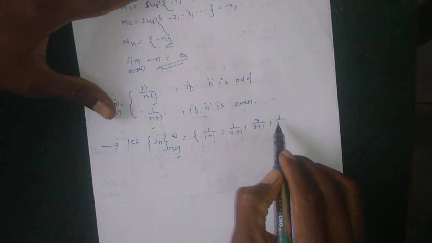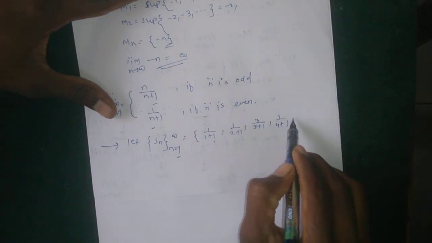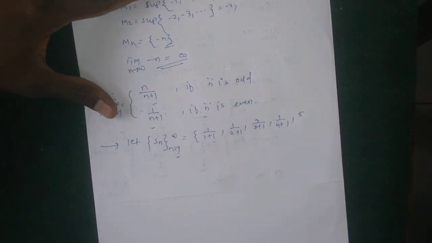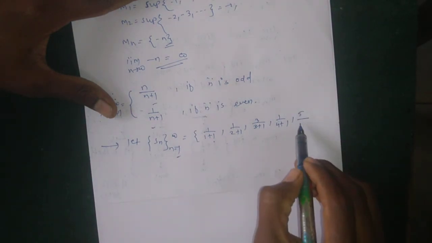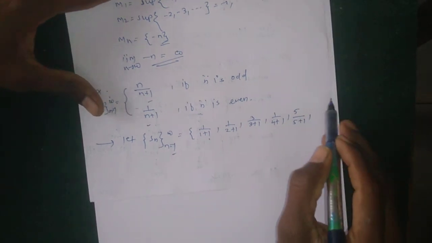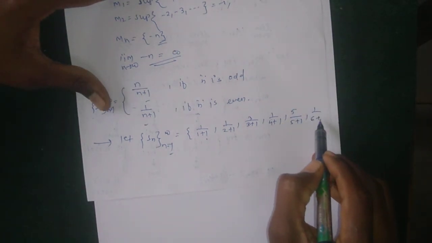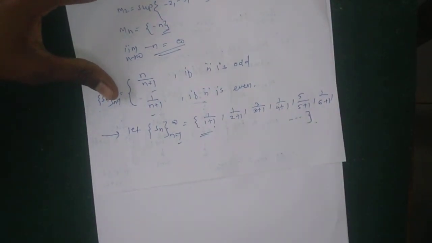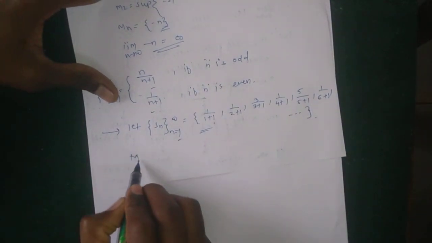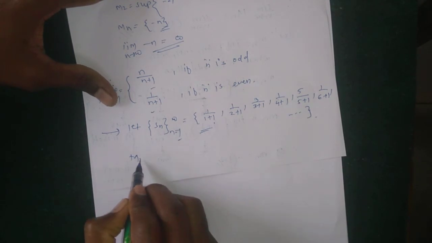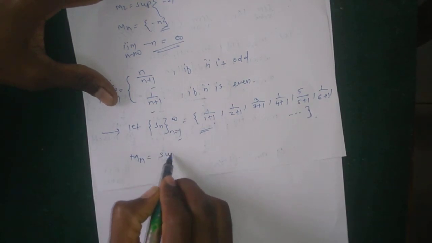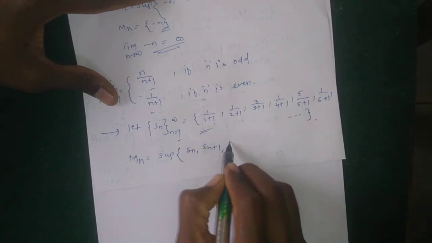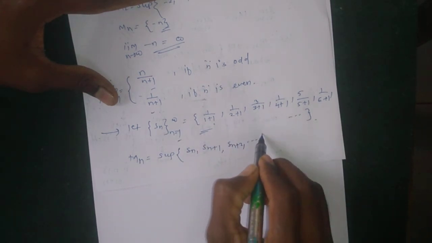Then 1 upon 4 plus 1, then 5 divided by 5 plus 1, then 1 divided by 6 plus 1, and so on we get the terms of this Sn. Okay, so Mn is equal to the supremum of Sn, Sn plus 1, Sn plus 2, and so on.